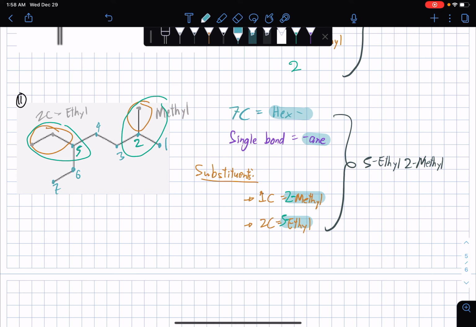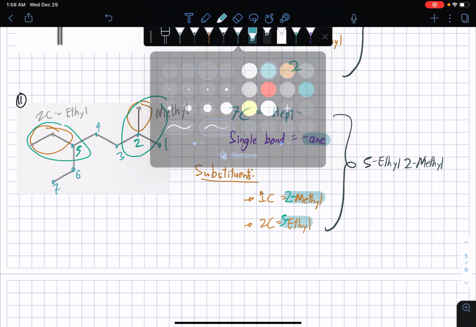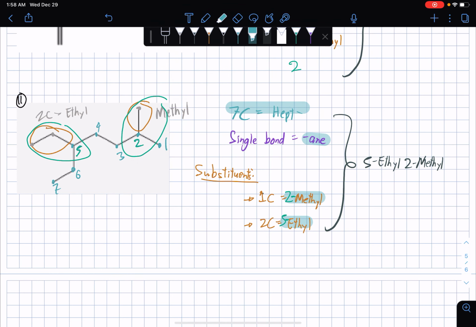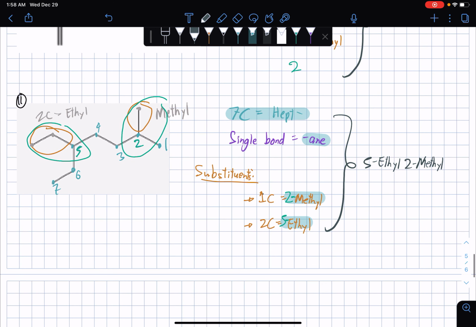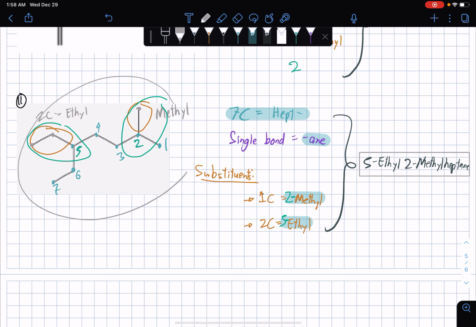This is 7 carbons. This is hept. There you go. Please take note of that correction. It's the teacher's fault. It's my fault. So 5-ethyl, 2-methyl, heptane. So this is the IUPAC naming for structure number 11. So this one.